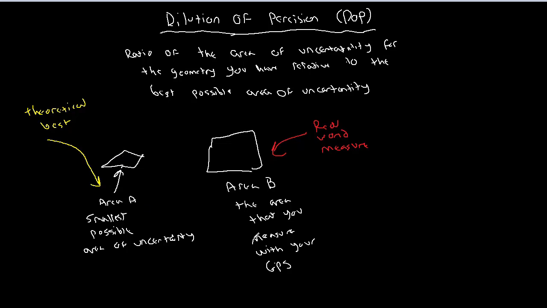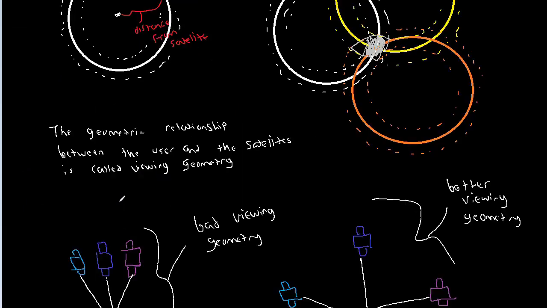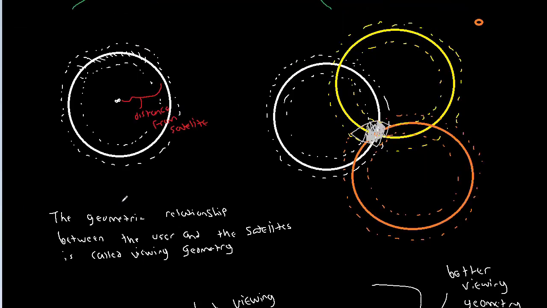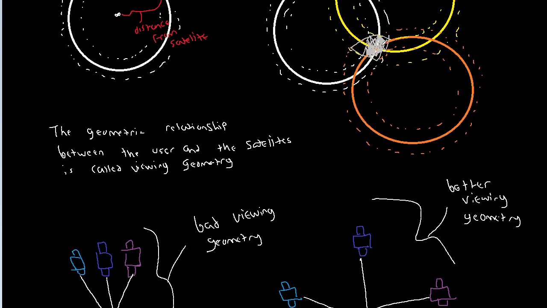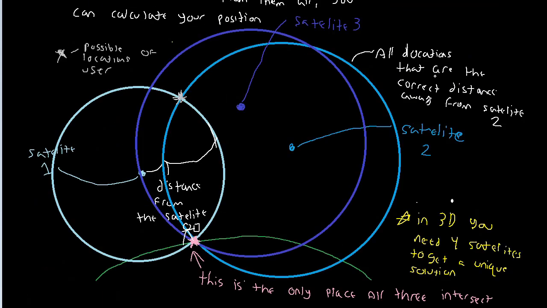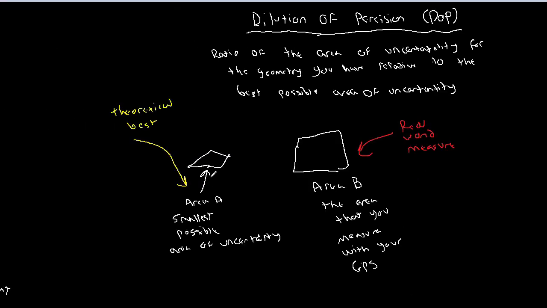So if I scroll back to our diagram from the previous video for a second here, that area that I drew would be this thing here. This is the area where you predict you could possibly be in, given the geometry of the satellites. And again, we know that if we move the satellites around, we can change the shape and the area of that prediction. So that little area right there, that is what these areas are.